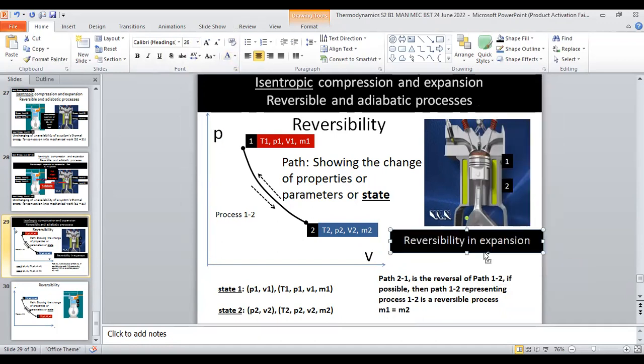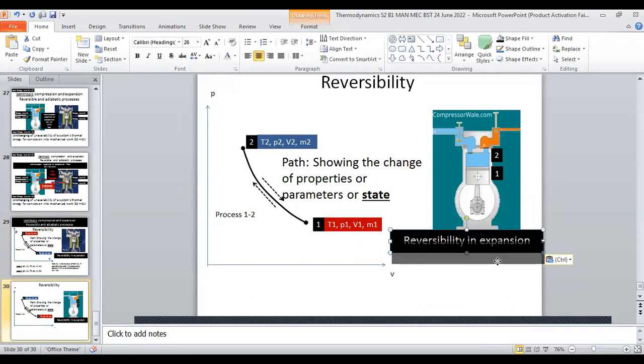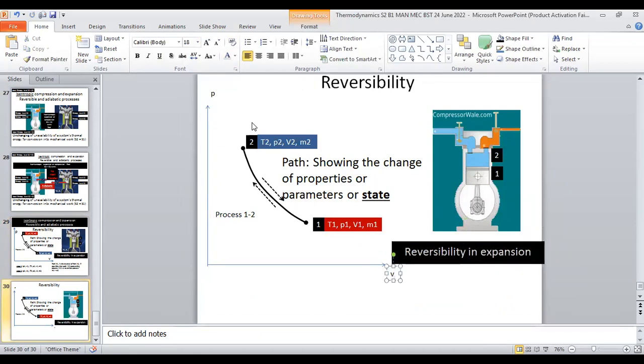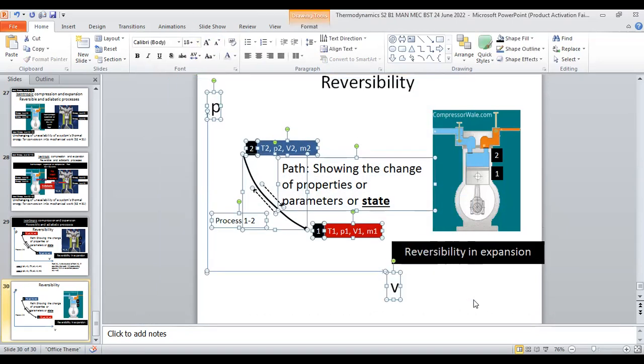So you will see it here. Here, reversibility in compression. Reversibility in compression. Okay. Interesting.